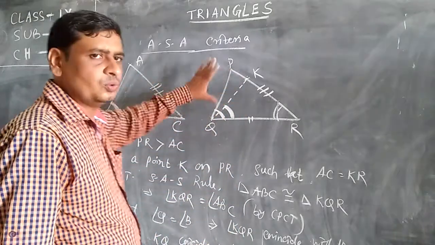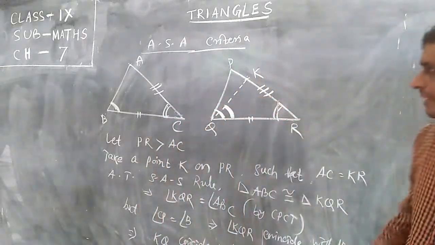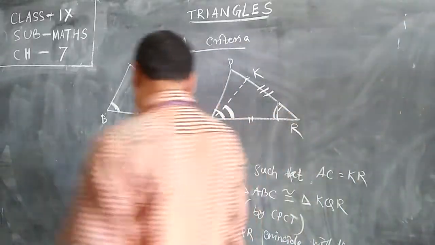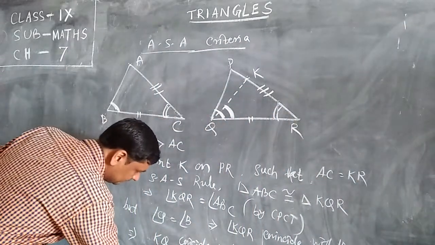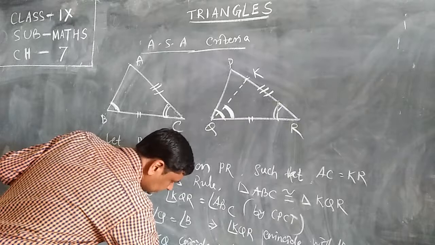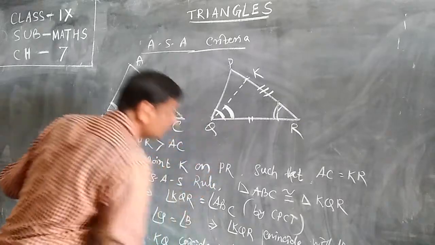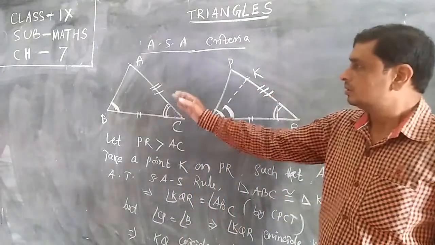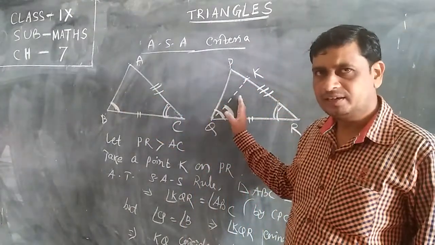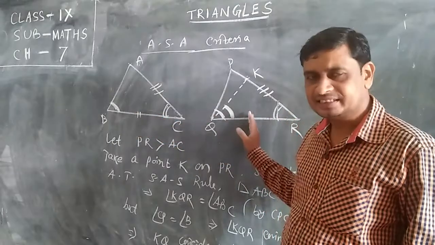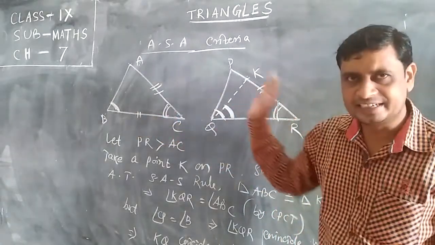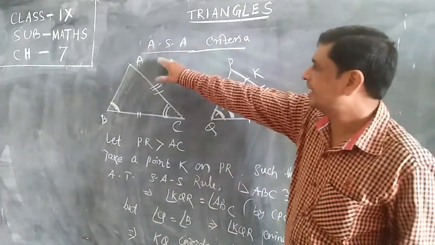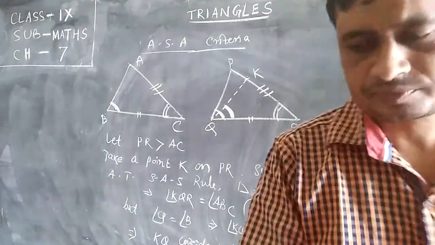This implies triangle ABC and triangle PQR are congruent. Therefore, triangle ABC is congruent with triangle PQR. Here it is observed that when one pair of angles are equal and the corresponding sides and another pair of corresponding angles are equal in two triangles, then both triangles are said to be congruent by the angle side angle criterion.